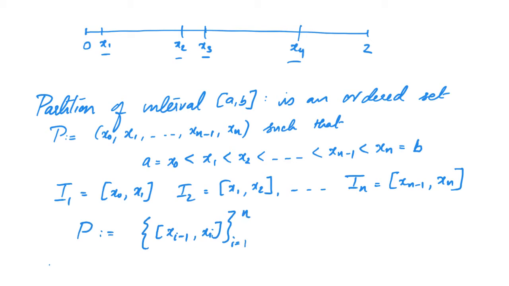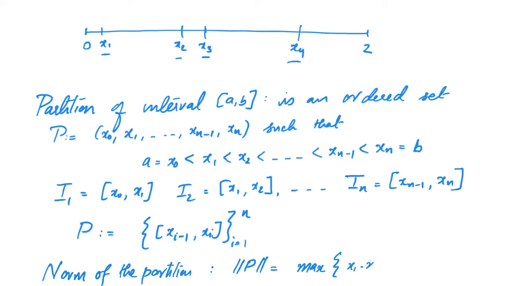Given a partition, we can define the norm of the partition. The norm of the partition P, denoted as norm P, is equal to the maximum of x1 minus x0, x2 minus x1, etc. up to xn minus xn minus 1.